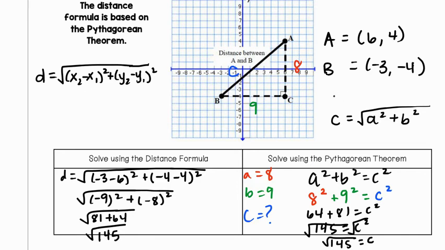And I got that from my original Pythagorean theorem of C squared equals A squared plus B squared. To just get C, I have to take the square root of both sides, and I'm adding the lengths of A and B squared, which is that distance between A and B. So we're using those points and plugging them in here to create that. So that's how our distance formula and our Pythagorean theorem are related.